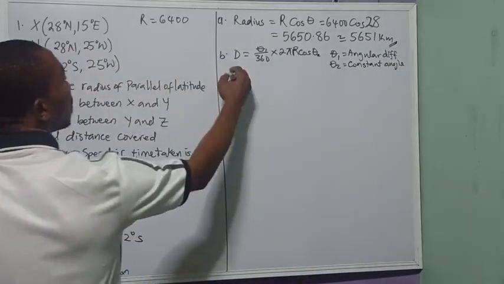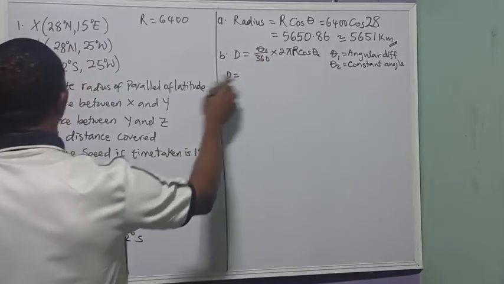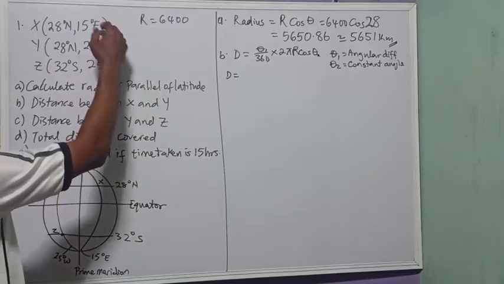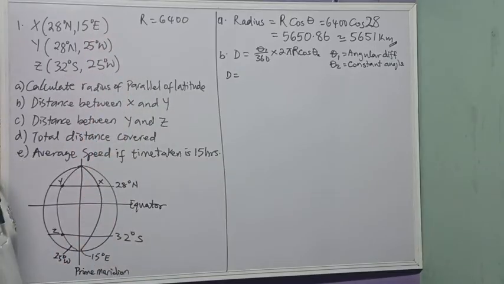Now, D equals theta 1, the angular difference. Since we are looking at X and Y, our angular difference here will be 15 and 25.